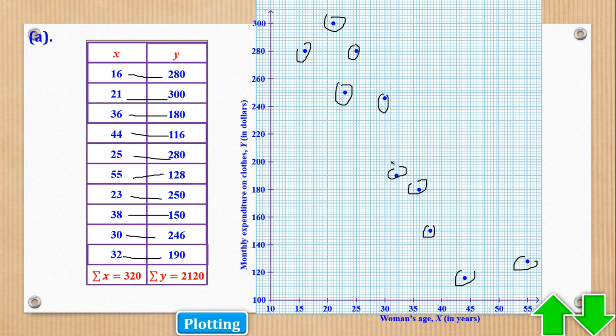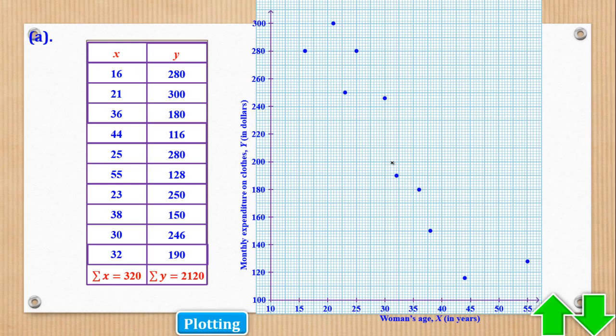Okay, so that is called a scatter diagram.